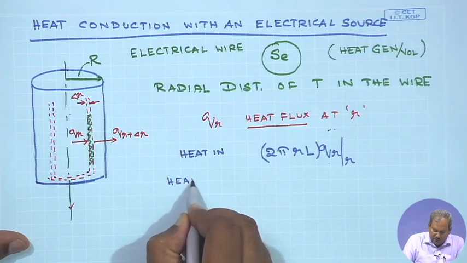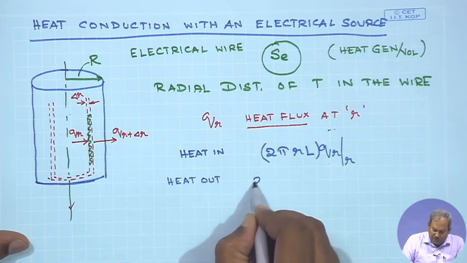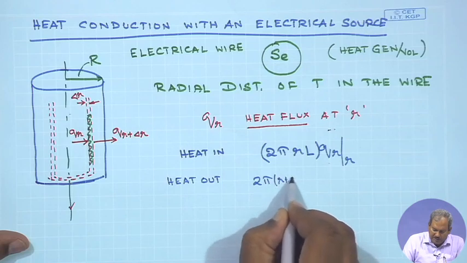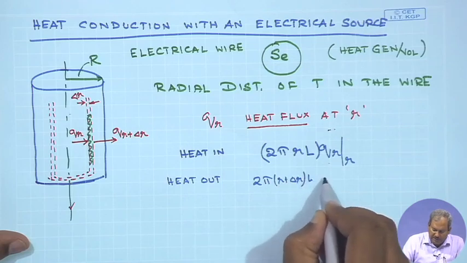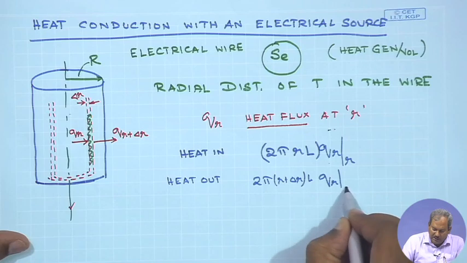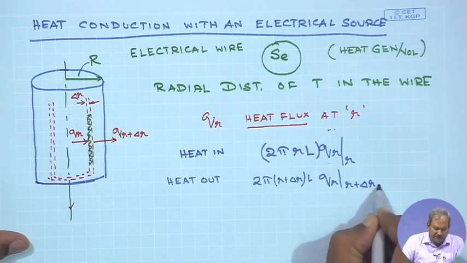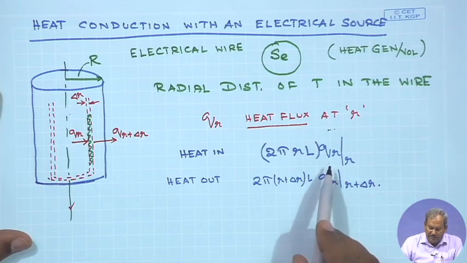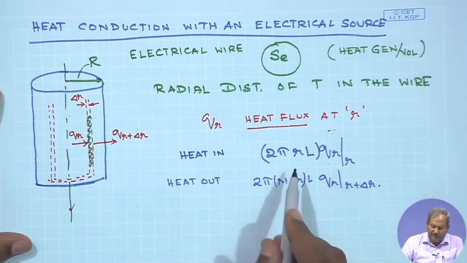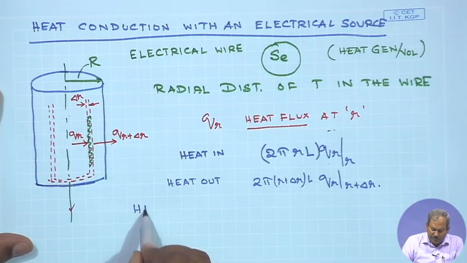Heat out would be twice pi (R plus delta R) times L times Q R evaluated at R plus delta R. So, look at the similarity to the shell momentum balance that we have done previously.